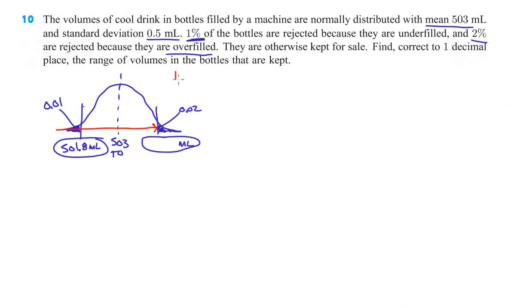So really that's going to be 1 minus 0.02, which gives us 0.98. We want to go up to 98%, because we know the top 2% there is too much. That's overfilled. So we want to find 0.98.